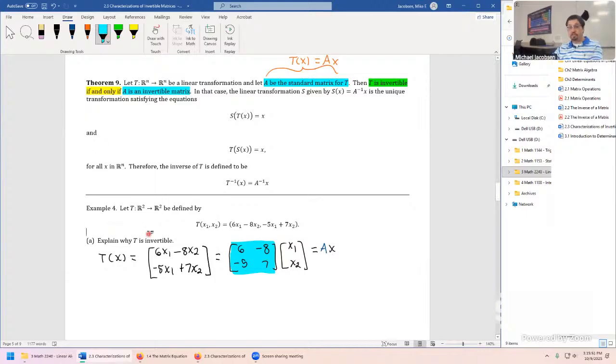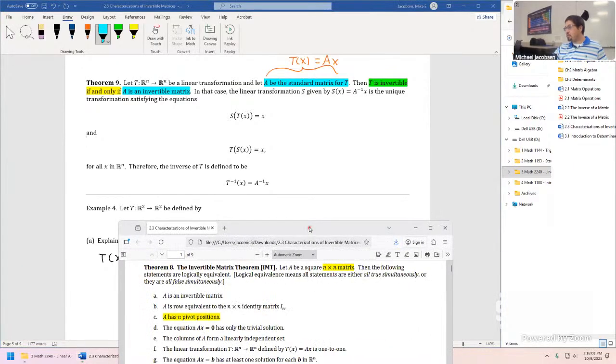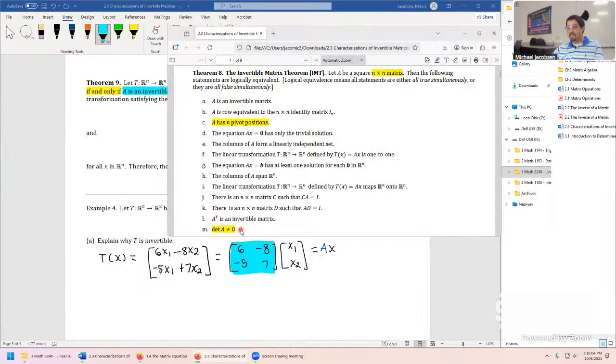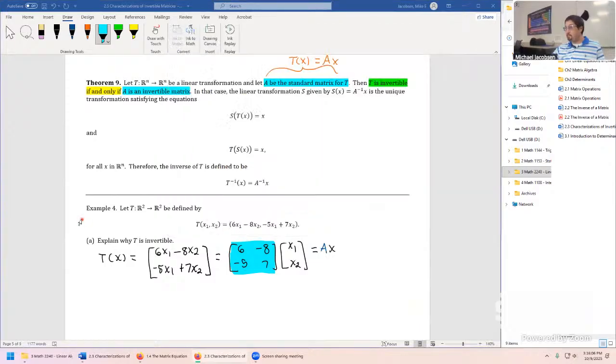So explaining why the transformation T is invertible just boils down to why the matrix A itself is invertible. Loads of ways to do this one, but I think a favorite approach for 2 by 2 is calculating the determinant. It's pretty rapid most of the time.